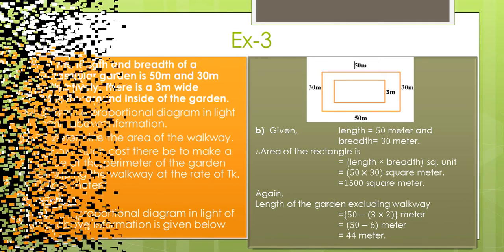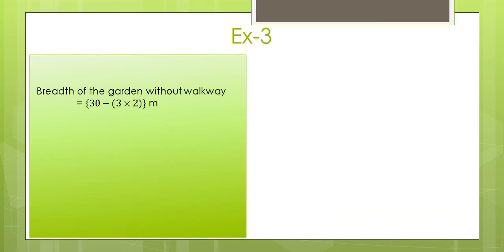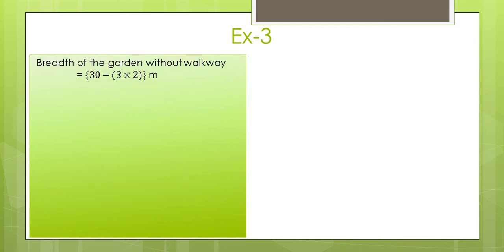So now we have to find out the breadth of the garden without walkway. Already you have learned that 30 minus 3, which is the 3 meter walkway, multiplied by 2 because there are 2 sides of breadth, that's why we multiply by 2.